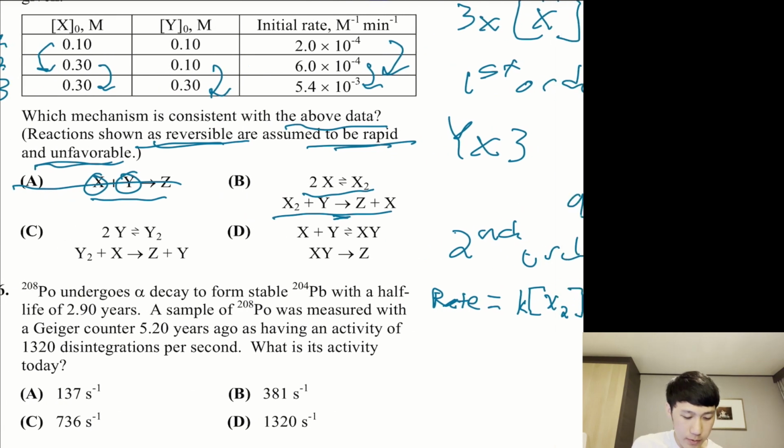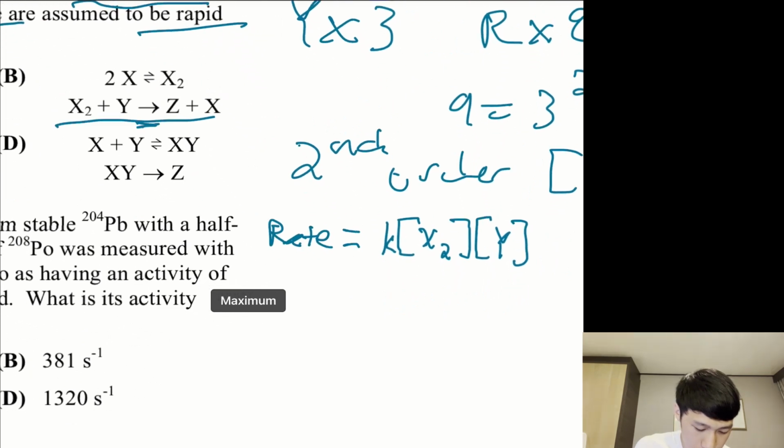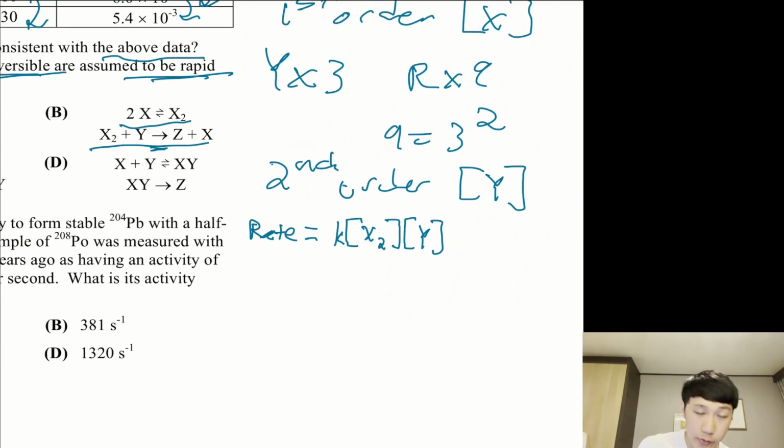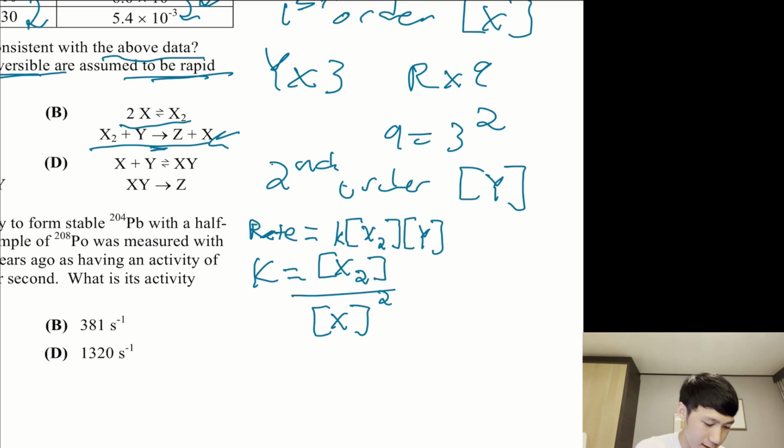Because we know that the equilibrium reaction is faster, we can say that the reaction reaches equilibrium before the second step starts to proceed. So we can say the equilibrium constant K equals the concentration of X2 over the concentration of X squared, right? This is just the law of mass action for this equation right here.